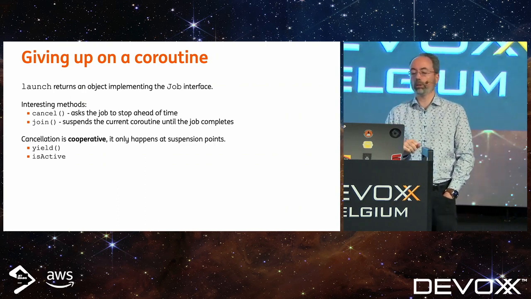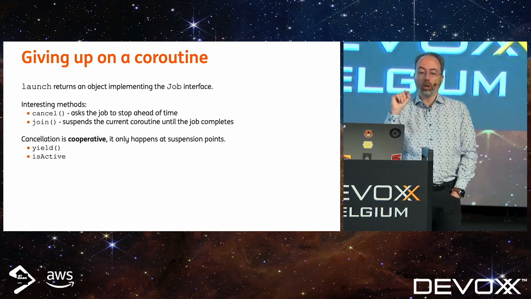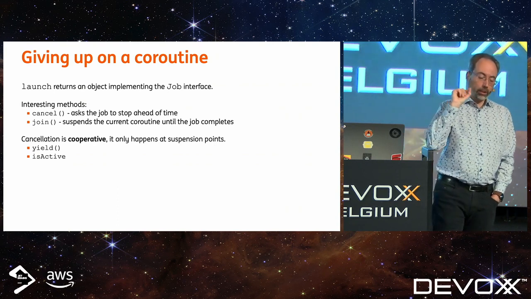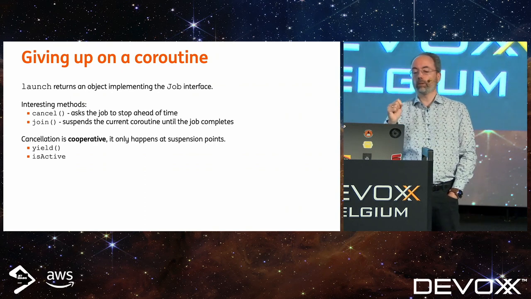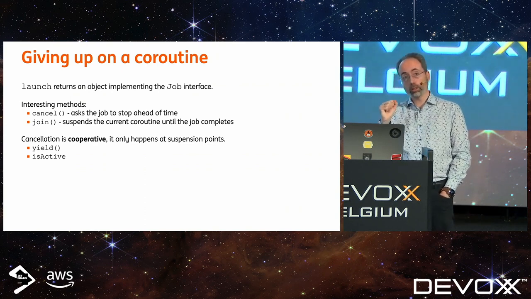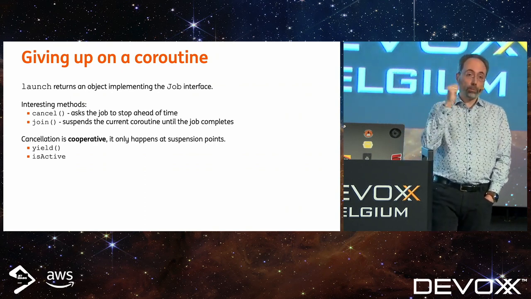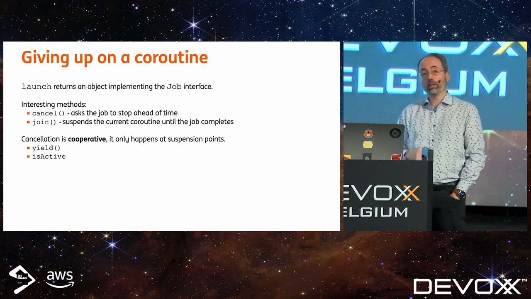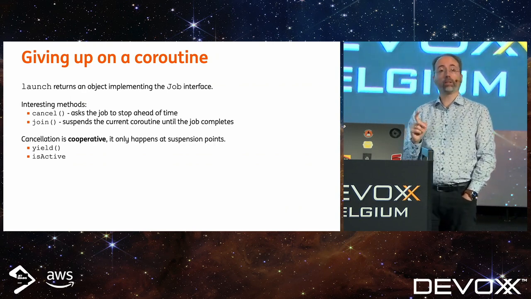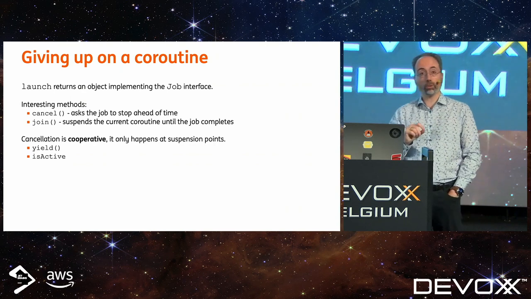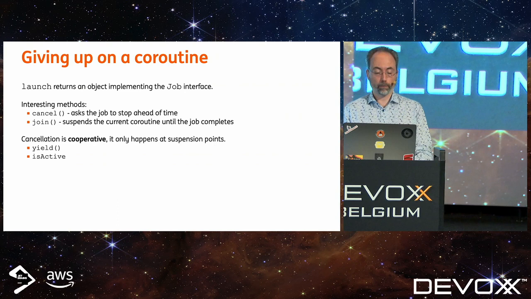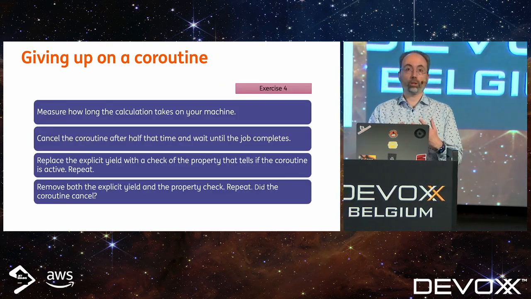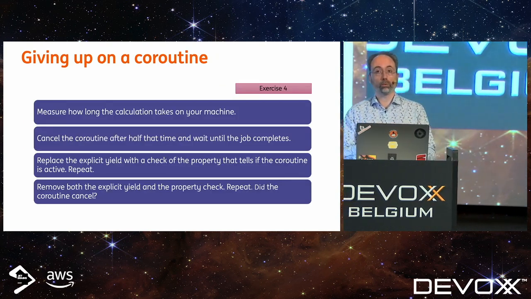We'll see that in a moment. But what I really want to hammer through is that when we call launch, we get an instance of something called a job. And that's something, besides the join method that we can also use with threads, it also has a cancel method that we can use to cancel the coroutine without needing to write more code.